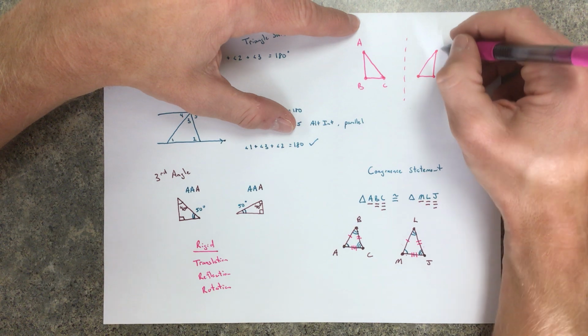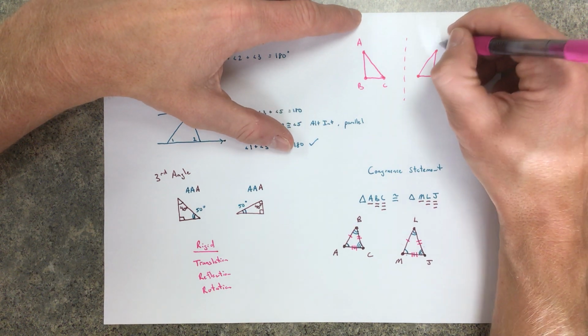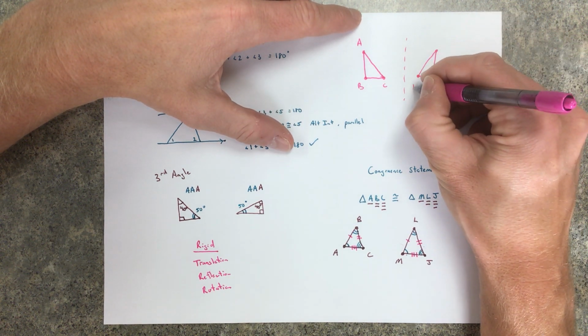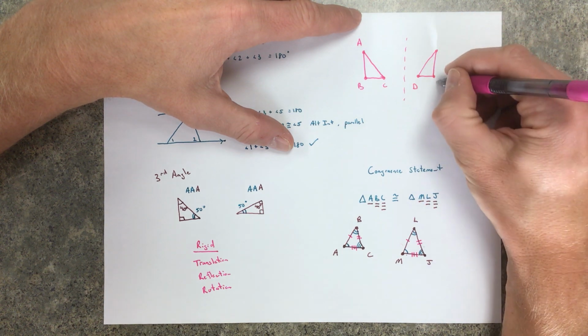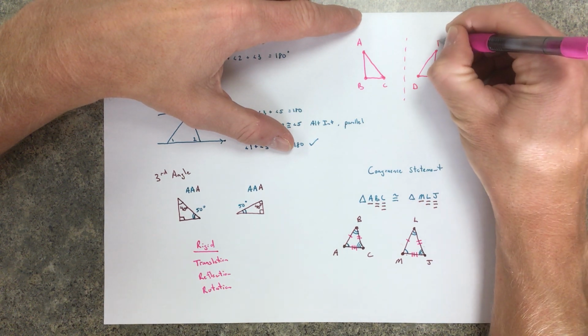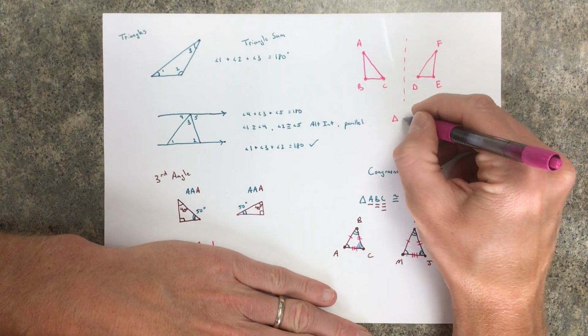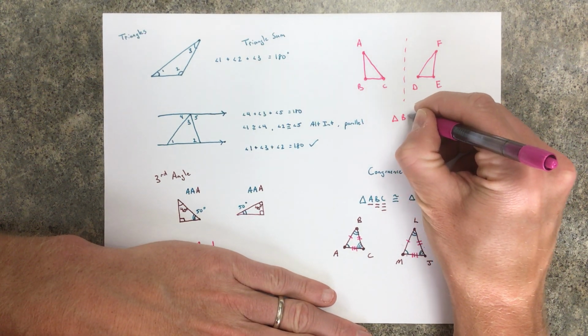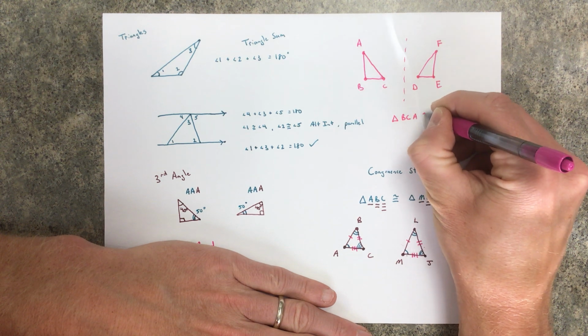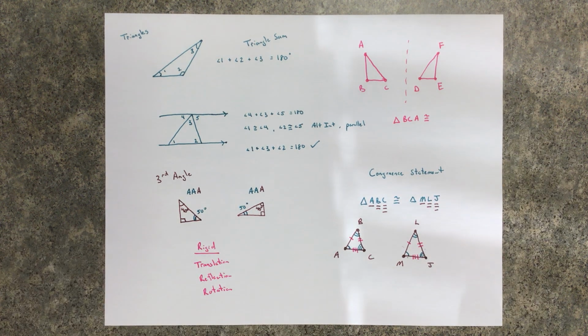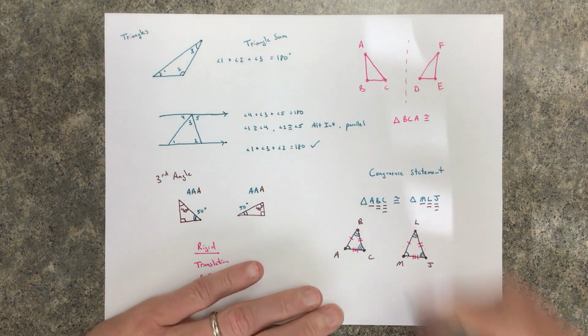Now if I label this D, E, F, you know, what do I say if I say, let's say triangle BCA is congruent to what triangle over there, right? The letter matters, right? And you can just match this up.